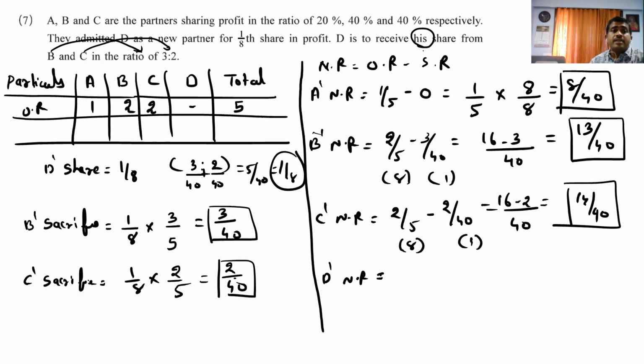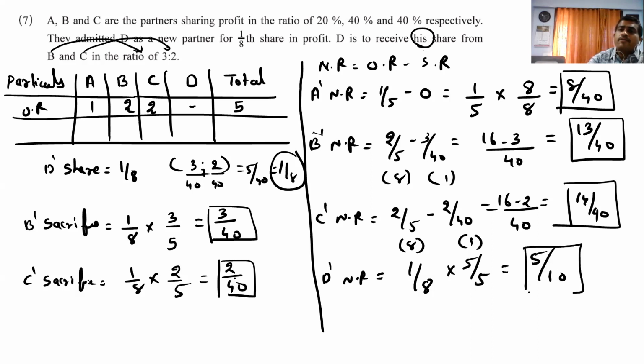So let's see the D's new ratio. D is already giving how much? 1 by 8. We have to just make the multiplication and we should get the right answer. 5 by 5, it comes to 5 by 40. Right? So our new ratio, friends, how much?